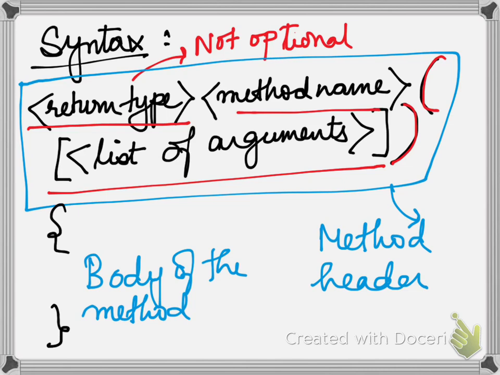So let's look at an example. A very simple example: I want to find the maximum of two numbers. Or let's keep it even simpler, sum of two numbers, integers.